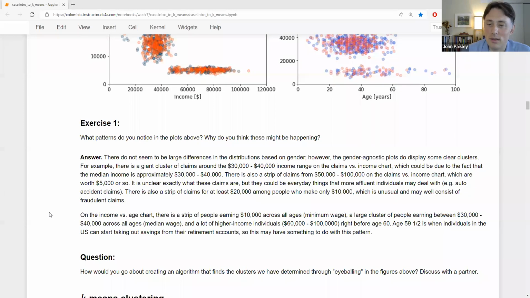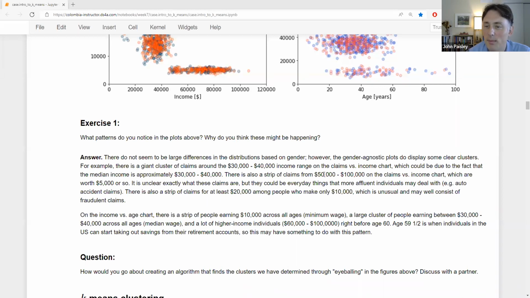So there's some clear clustering in our data. For example, there's a big cluster around the 30 to 40,000 income range, which could be due to the fact that that's what the median income is. So most people make around that according to this data set.